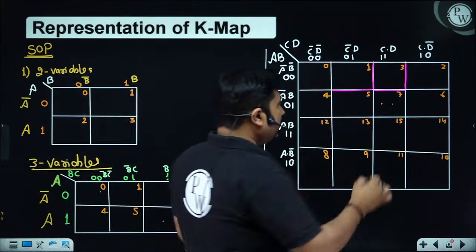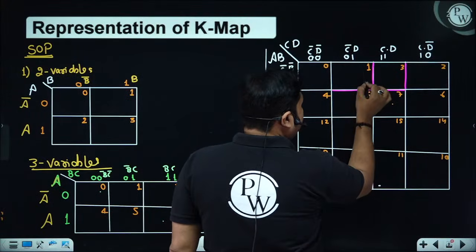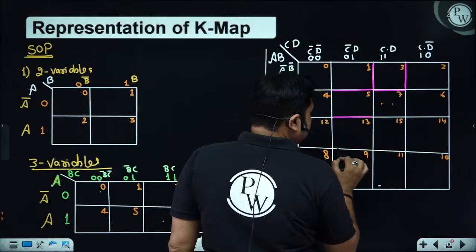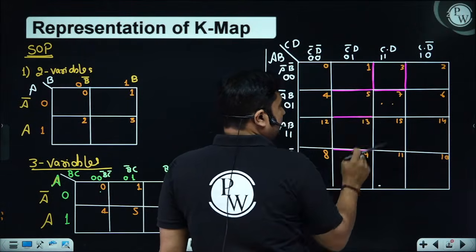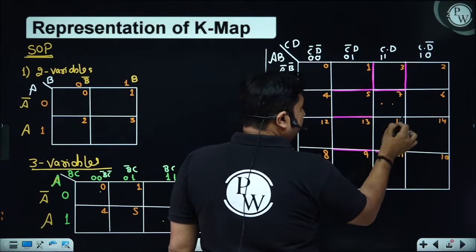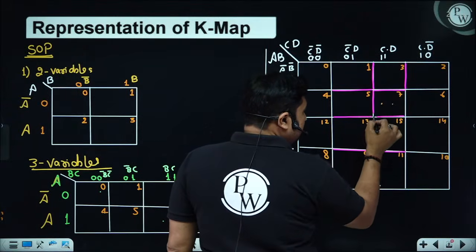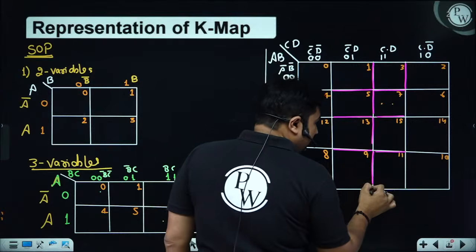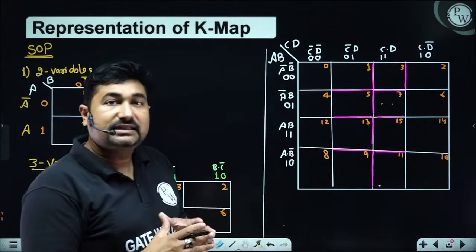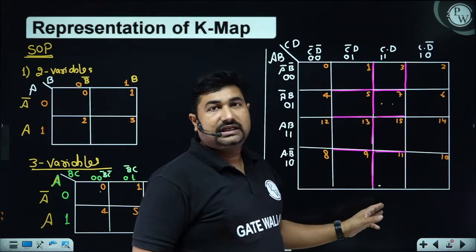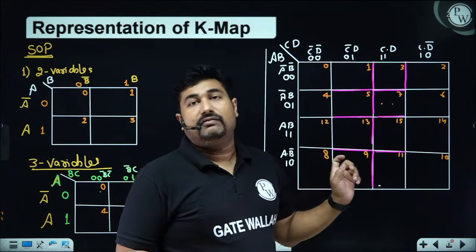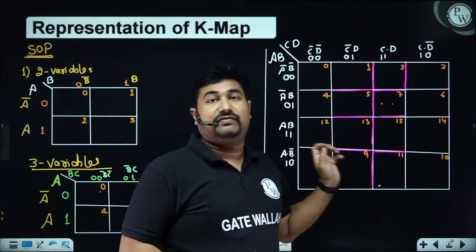So here, suppose we have logic level 1 at the binary conditions 1, 5, 13, 9, 11, 15, 7. These are adjacent sub blocks. If they are filled with logic level 1, we can make an octet grouping first.